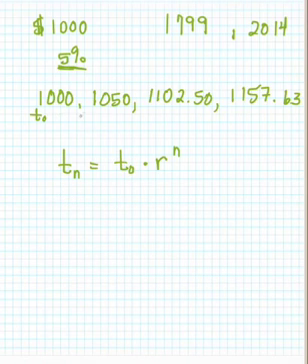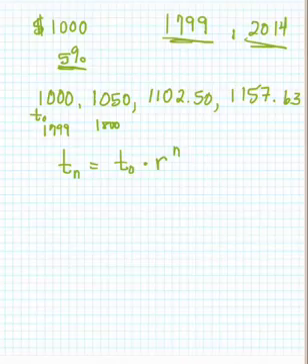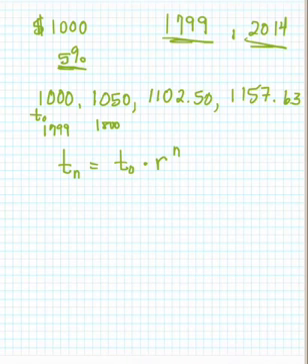If he initially invested in 1799, and this is the year 1800, and we're up over here at 2014, how many years is that? 2014 minus 1799. It looks like it was 215 years ago.